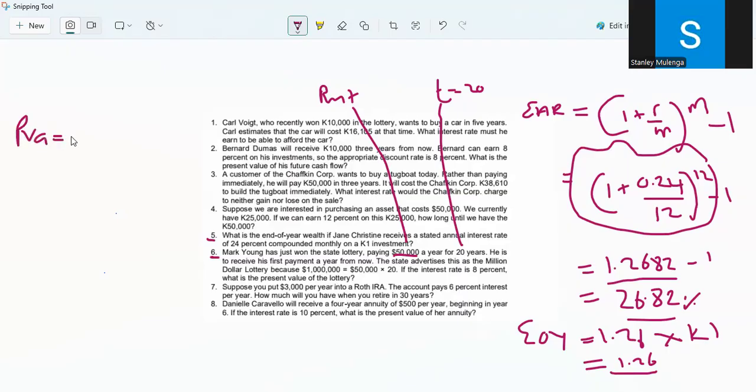You are learning this. Payment times 1 minus 1 plus r to the power negative n, or negative t, it's the same thing, over the interest rate. So what is our periodic payment? 50,000.